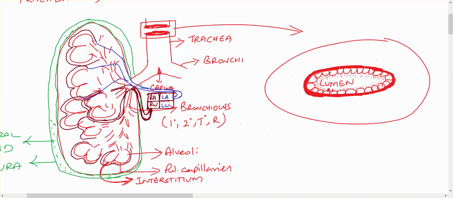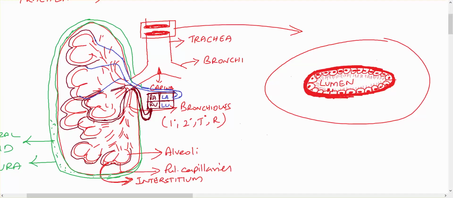That will not allow anything to come inside. Remember, cilia are very important. In smokers the cilia are affected, and there is another syndrome called Kartagener syndrome where the cilia become immotile.